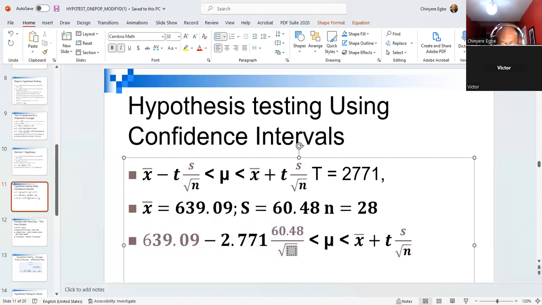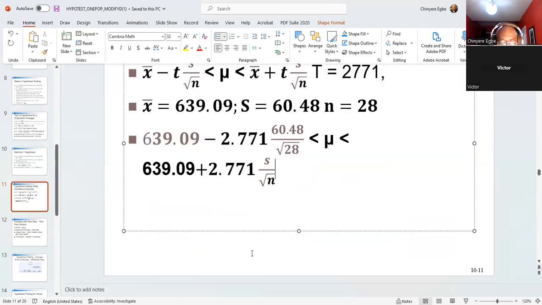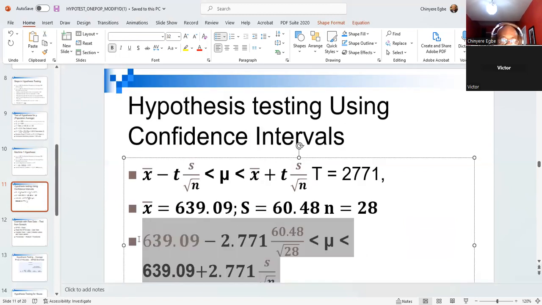Our N will be 28. And here again, 639.09. Our T will be 2.771. Going to reduce the size here to make it easy for us.